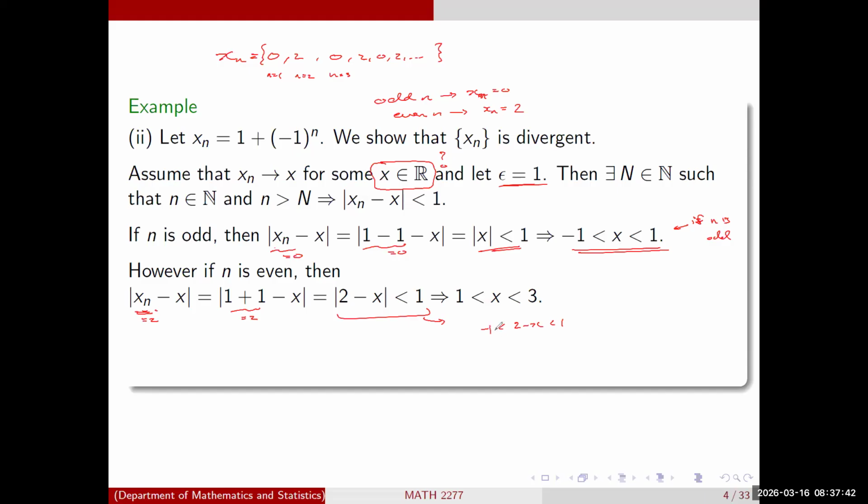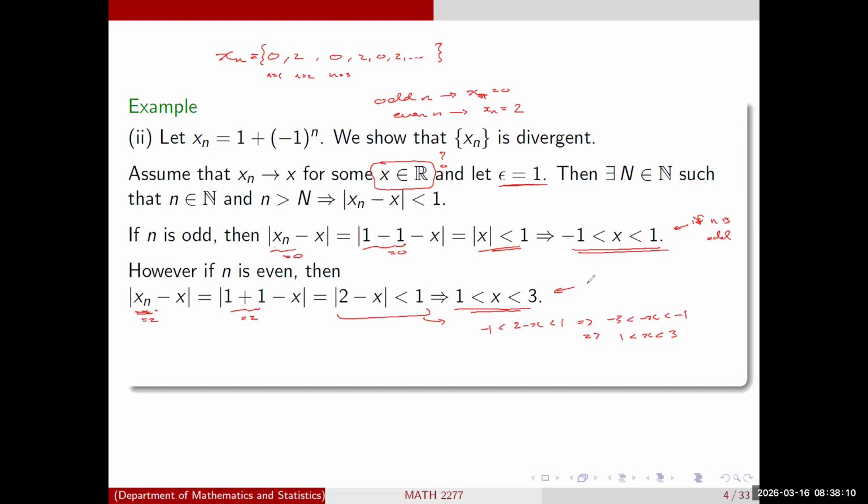Right? And then you will subtract 2 going across. So minus 2 going across. So we get minus 3 is less than minus x is less than minus 1. And then multiply through by minus 1. So the sign changes. 1 is less than x is less than 3.